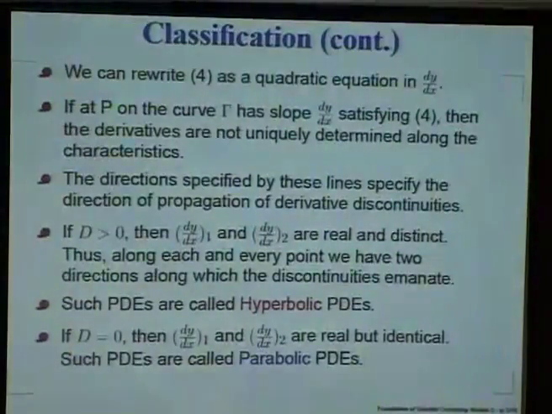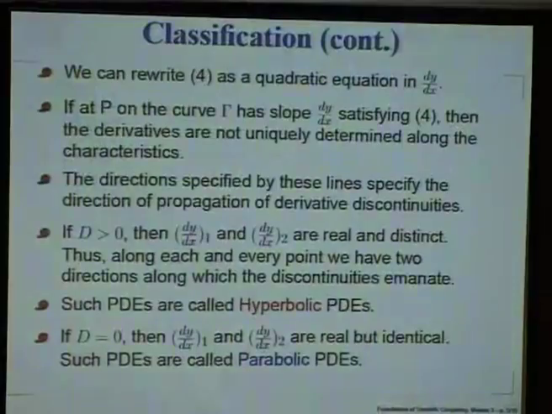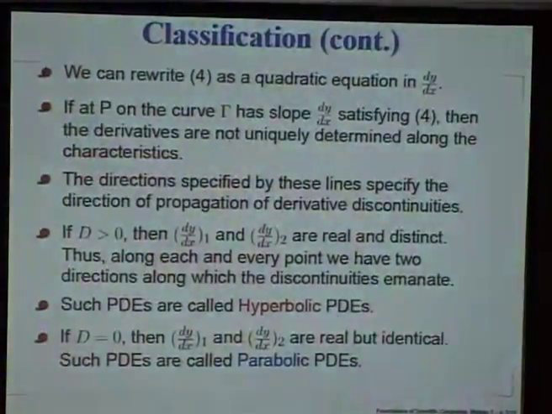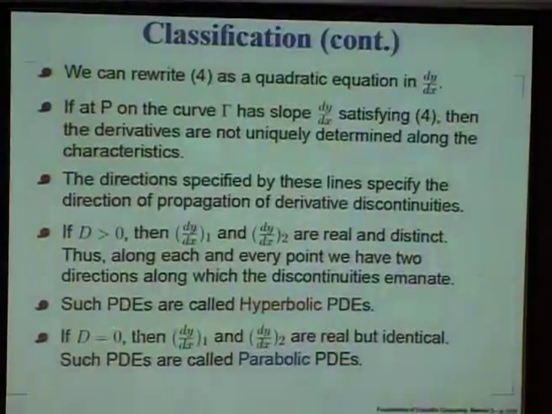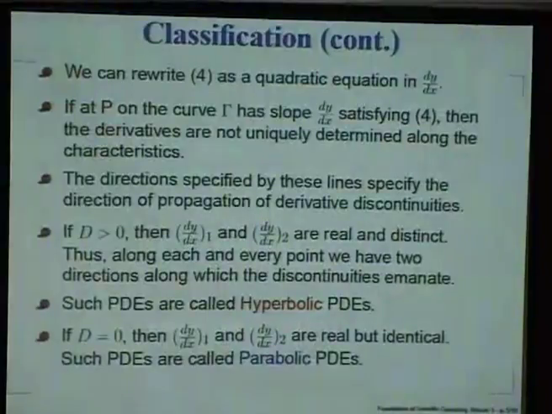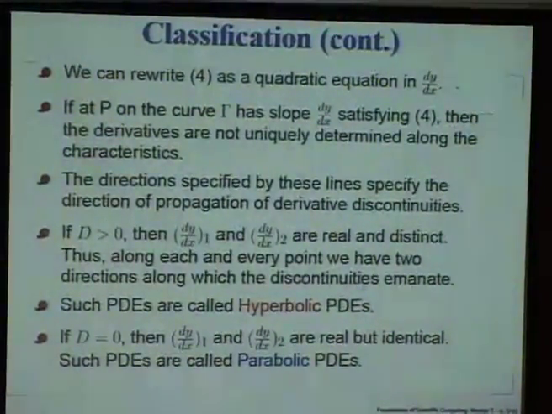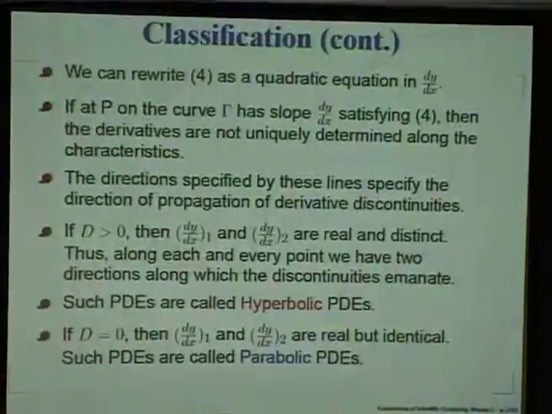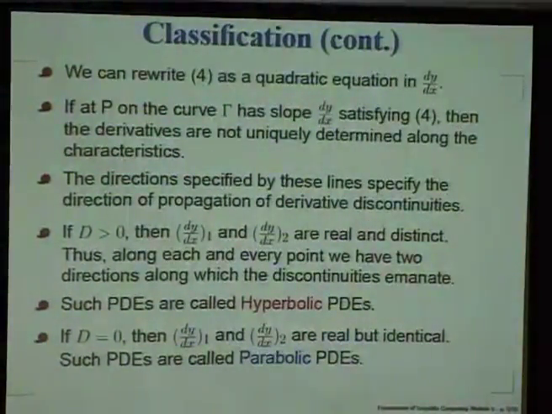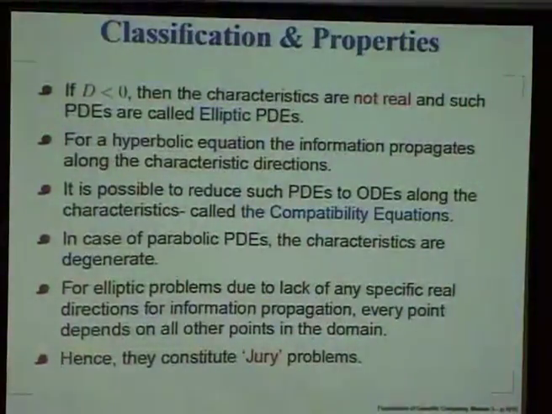This is something which you probably have done, but let us look at it from a computing point of view once again. If the characteristic determinant, the quantity under the radical sign, is equal to 0, then these 2 slopes are going to be coincident, and such a PDE will be called a parabolic PDE. This is also quite known to us.